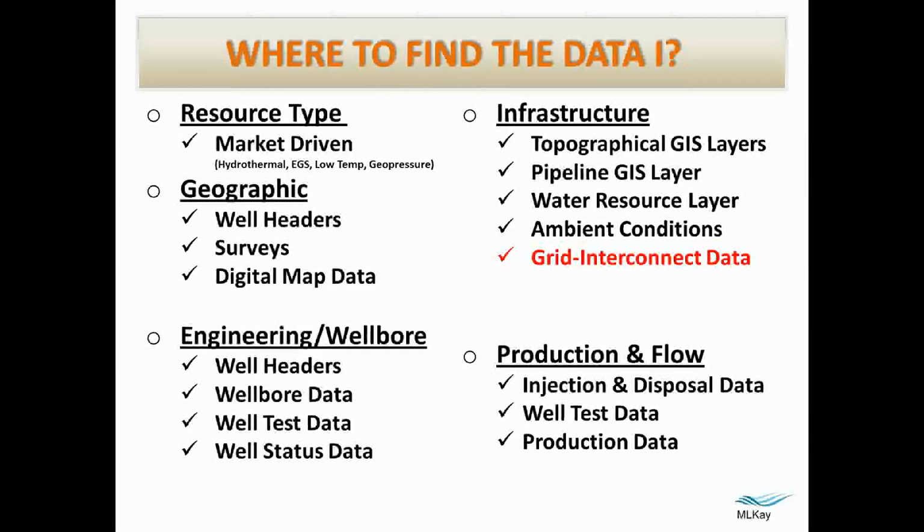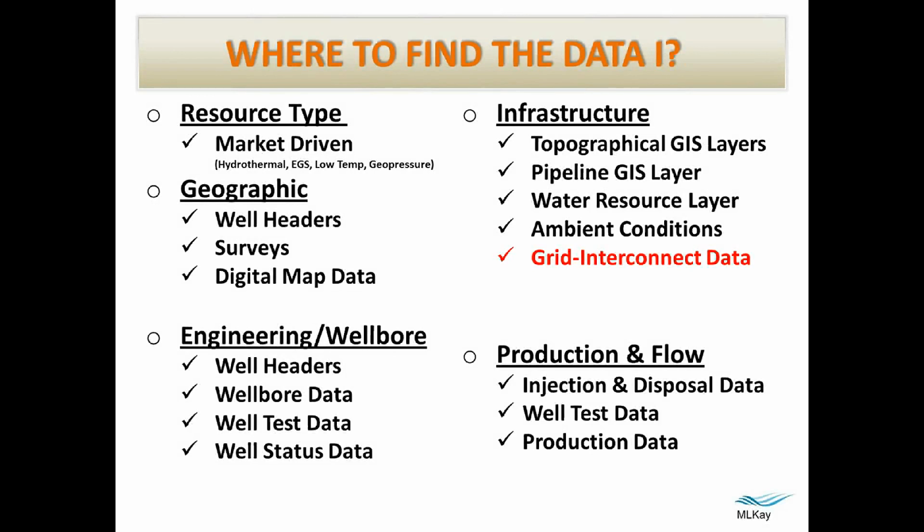So again, it could be a feasible option, but you'd have to build into the cost all of these other expenses. In the state of Texas, we have pipeline GIS layers. You can get a lot of this from Esri or things like that, topographical layers. There are resource layers. So any of that that's available from the state would be very valuable.